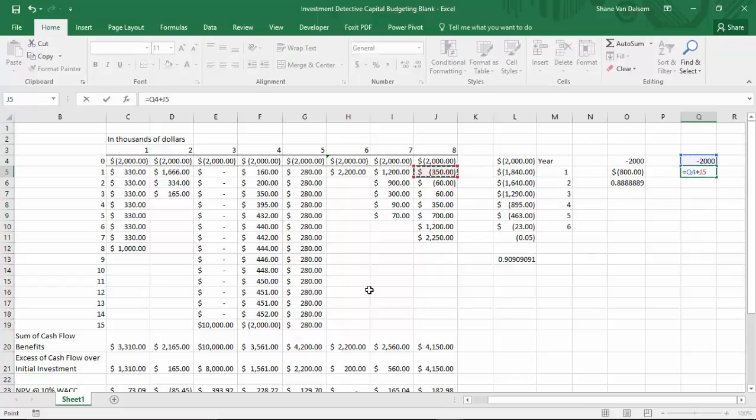At year 1, we actually go more in the hole. So we're getting further away from paying it back. Year 2, or even further in the hole. It's year 3.